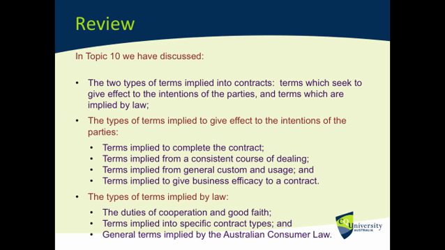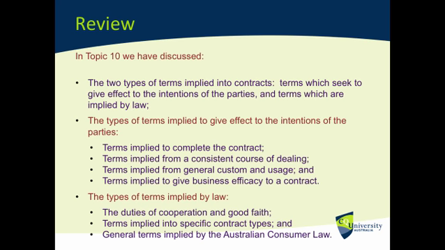If you can show that there has been a great number of dealings between two parties and that they've been on the basis of consistent terms of business, the court's likely to presume that those terms of business will continue. Terms implied from general custom and usage. These are terms which are so common within a particular industry that everyone would assume that they were in every contract. And finally, terms implied to give business efficacy to a contract.